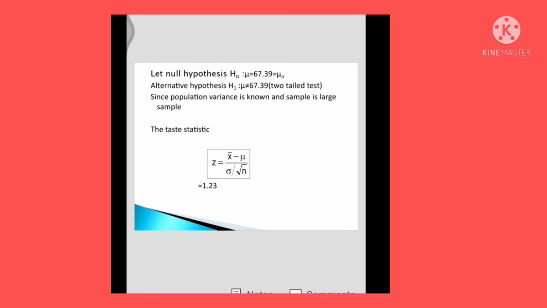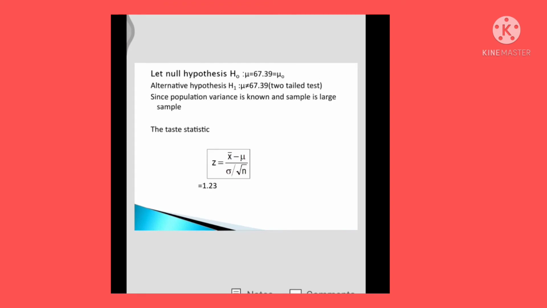Here x bar is equal to 67.47, mu naught is equal to 67.39, sigma, the standard deviation, is equal to 1.30, and n is equal to 400. After calculating, we get 1.23, and it is called Z calculated.